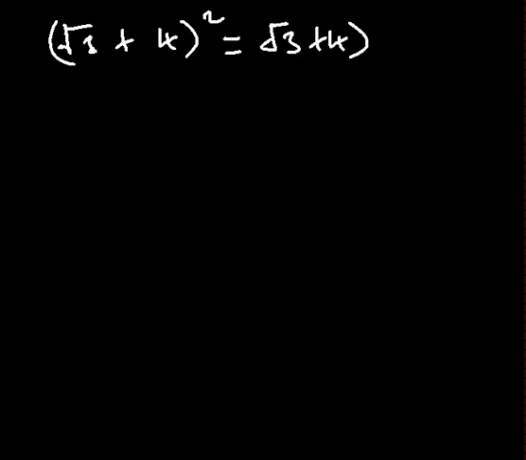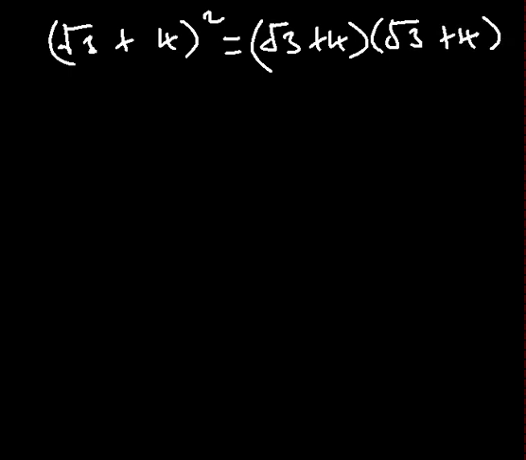Let's say we have root 3 plus 4, all to the power 2. How should you solve this? Mind you, this is the same as having root 3 plus 4 times root 3 plus 4.